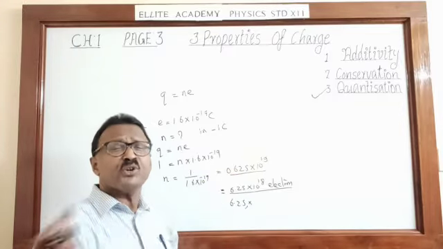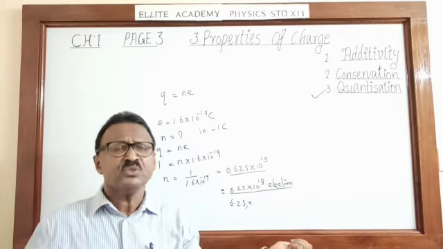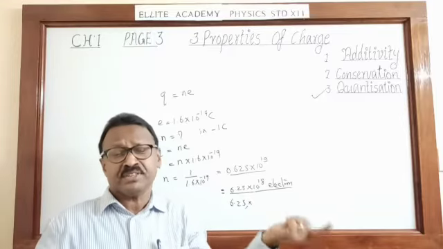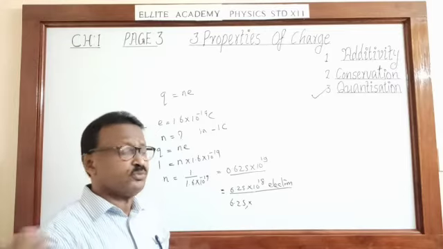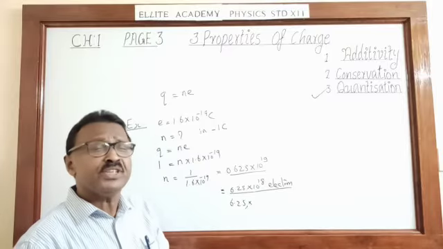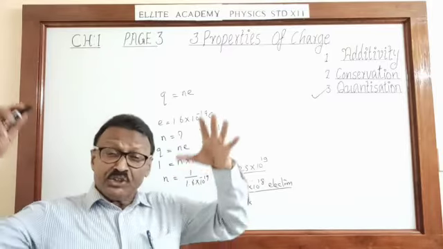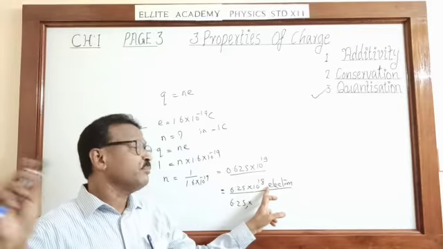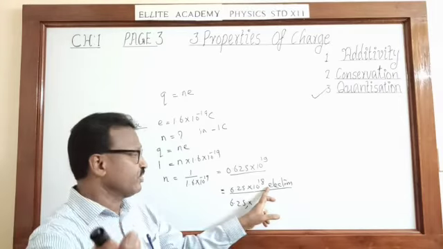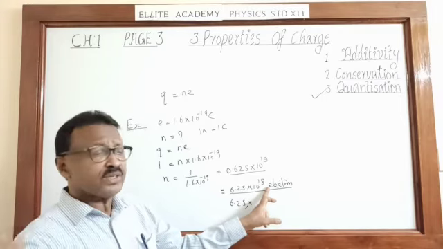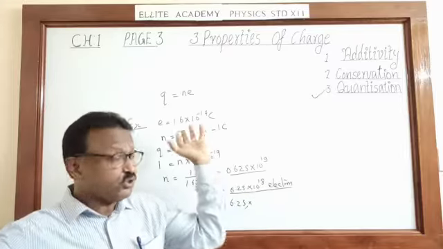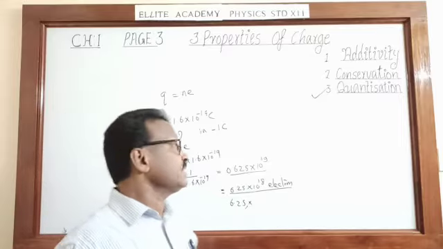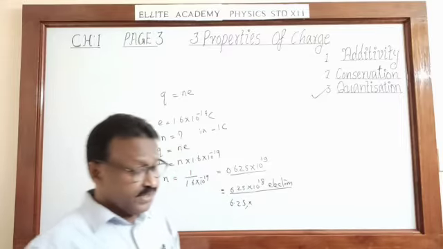If somebody removes 1 or 2, is there any big reduction? No. If somebody puts 1 or 2 more, is there any big addition in the number of sand particles? No, we ignore that. So when the charge of a body is in coulombs, quantization of charge doesn't come into effect. One electron less or more doesn't make much difference in the case of large bodies. Anyway, in our discussion we consider small charges, so Q equals Ne is valid.